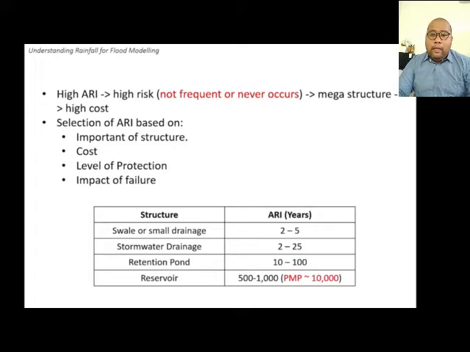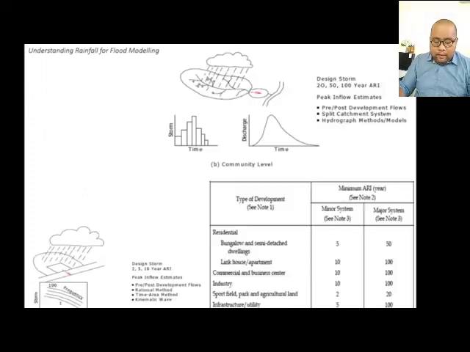Okay, and then sometimes we call it PMP. So PMP, you guys will learn after this what the meaning of the PMP. So in hydrology, if we want to estimate the ARI, you guys can see the MASMA 2.